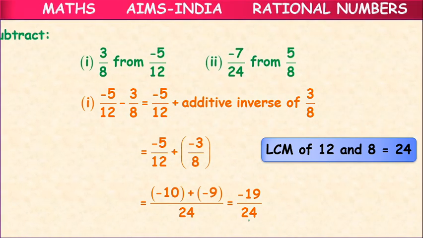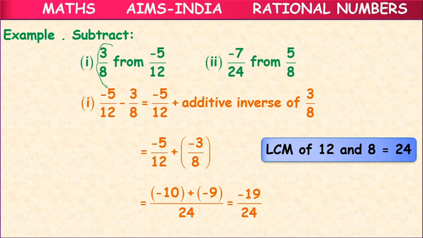Next, let's see some examples. Subtract 3 by 8 from minus 5 by 12. We have to subtract 3 by 8, so this will be the second rational number, from minus 5 by 12, which will be the first rational number.